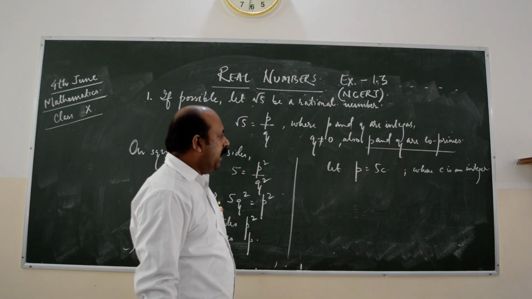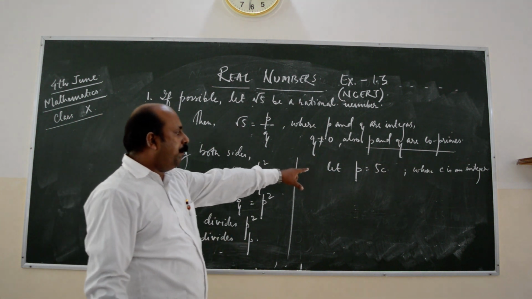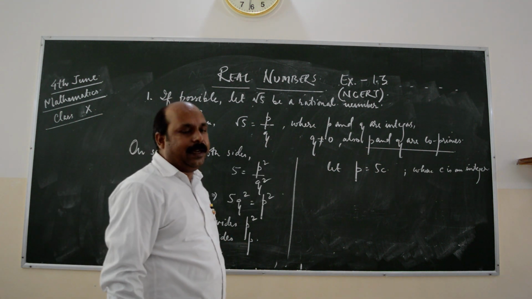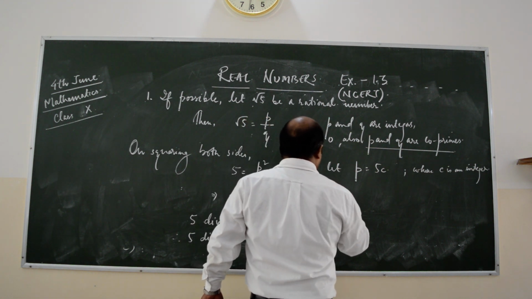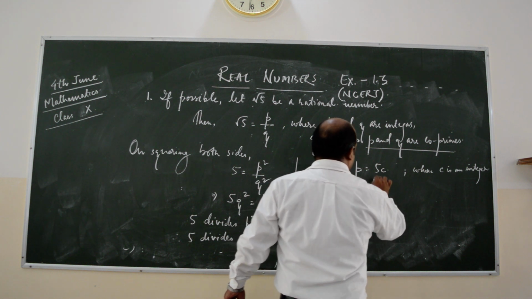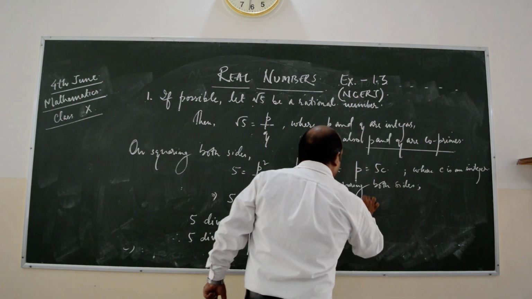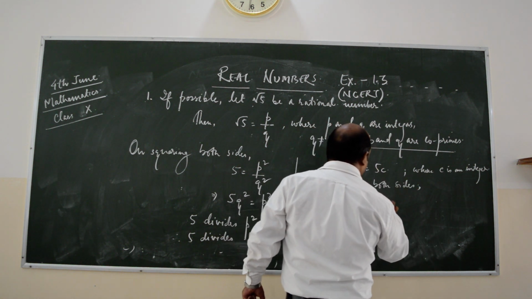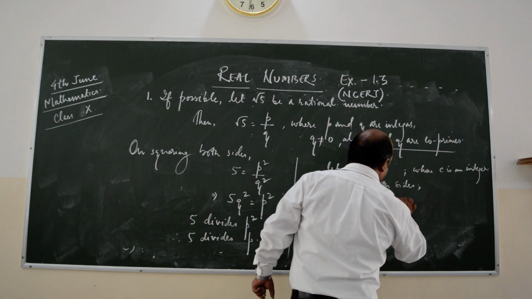So we are taking C as any integer, and since 5 divides P, I am writing P as 5 into some integer. Again squaring both sides. So what do we get? P square is equal to 5C whole square, that is 25C square.